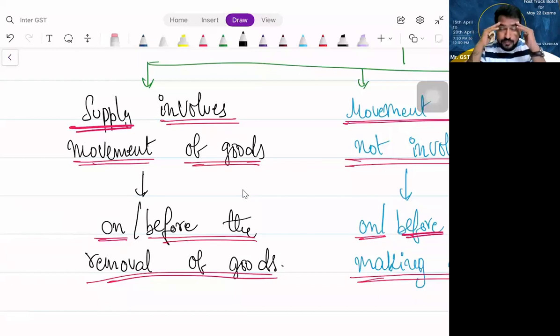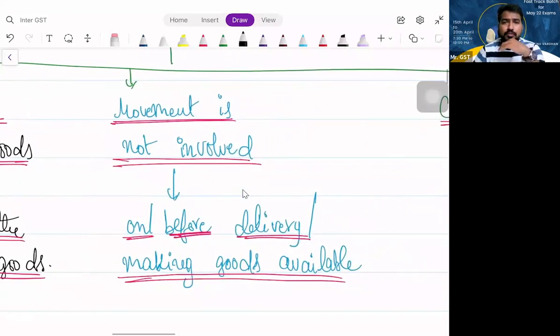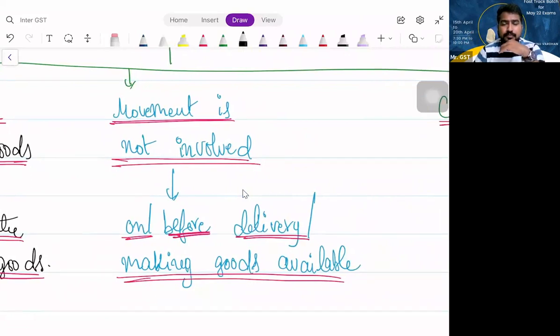Suppose there is no movement of goods. Let us assume I am a person into manufacturing, like large plant and machinery required in a cement factory.